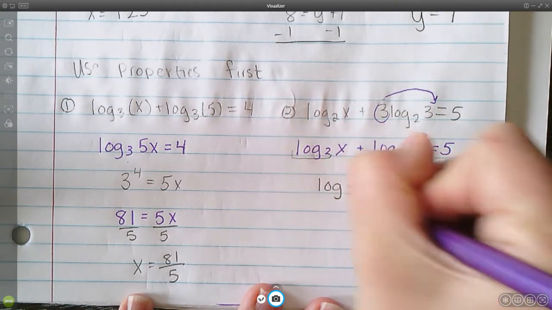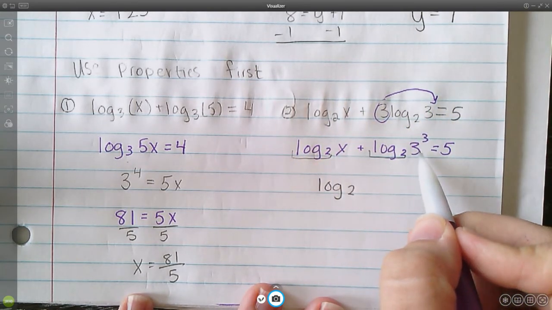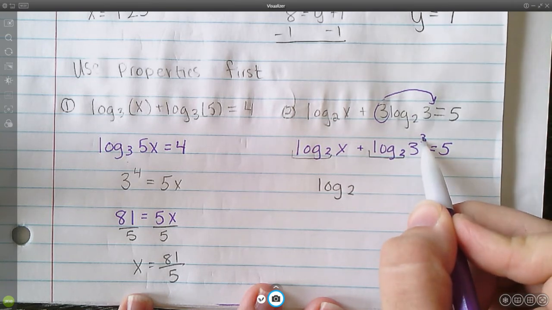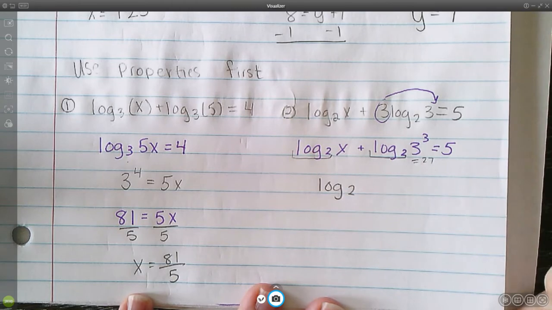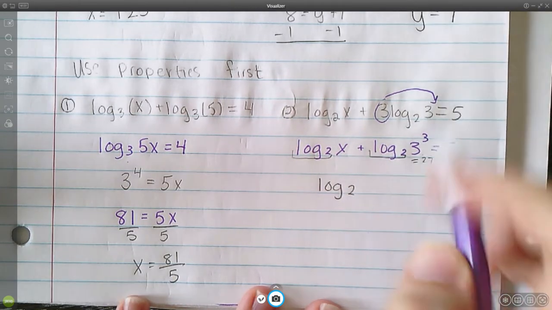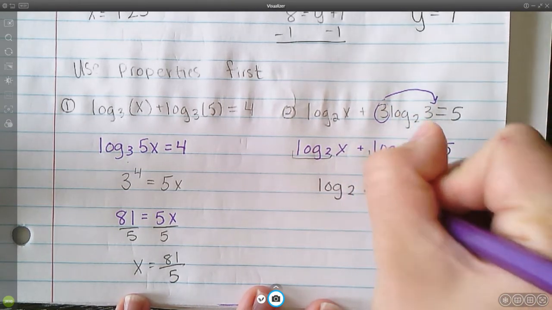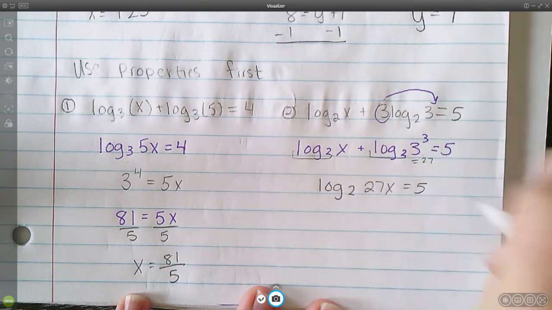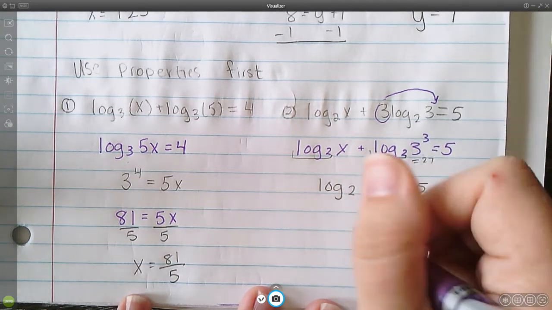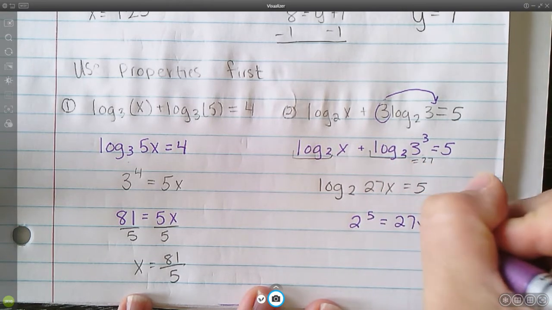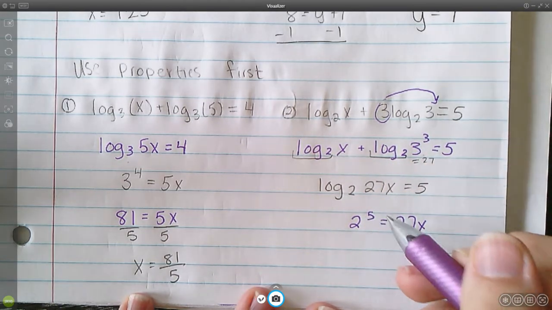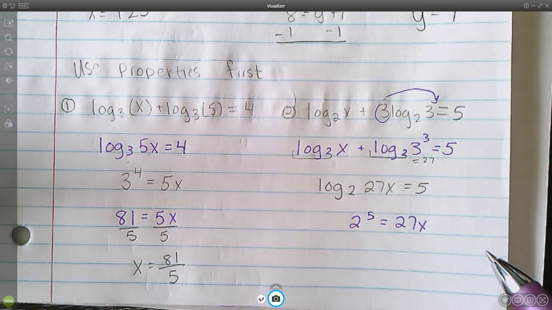So we can condense that into a single logarithm. So we have log base 2, 3 to the power of 3. This equals 27. So 27 times x is 27x equals 5. Rewrite it in the other form. So we have 2 to the power 5 equals 27x. 2 to the power of 5 is 2 times 2 times 2 times 2 times 2.